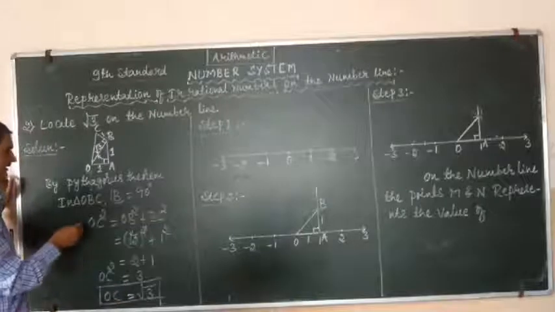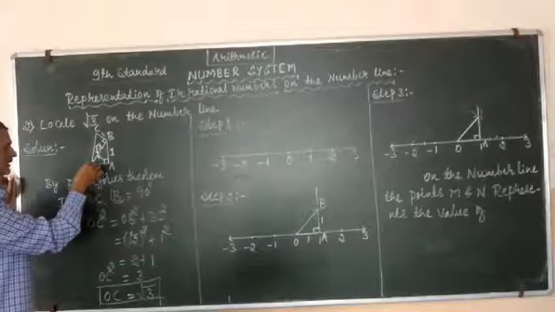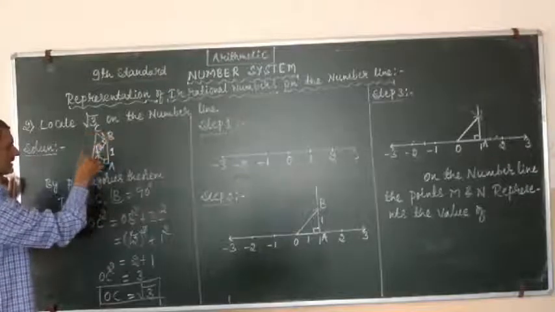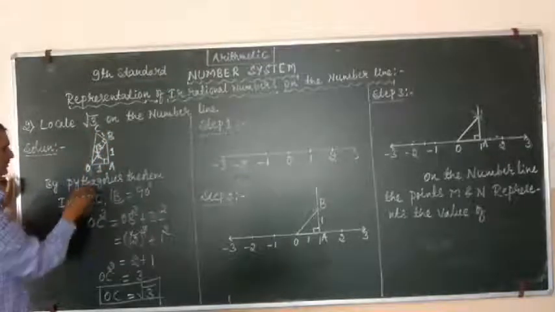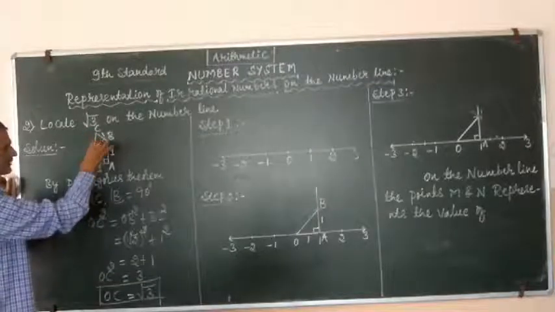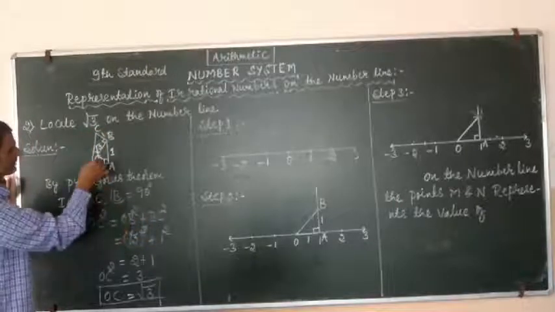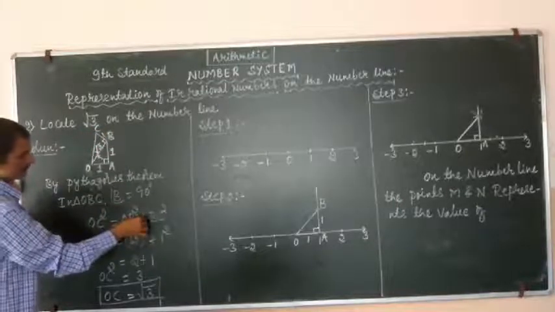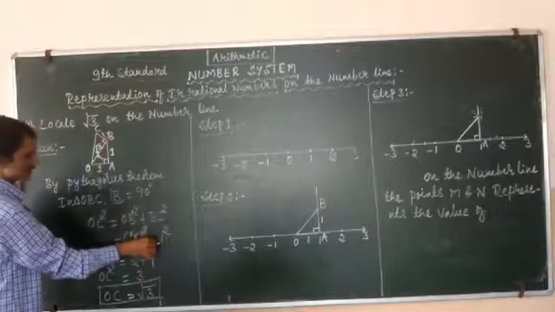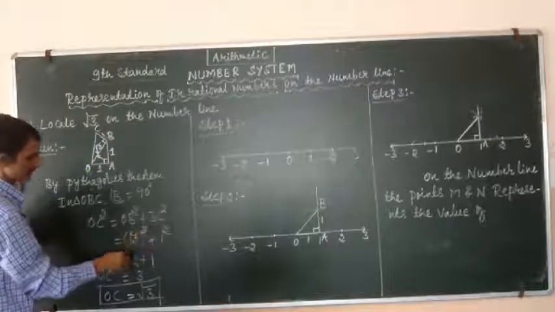So just write down the values by applying Pythagoras theorem for triangle OBC. Hypotenuse is OC. OC square equals OB square plus BC square. OB is root 2 and BC is 1, so root 2 whole square plus 1 square.